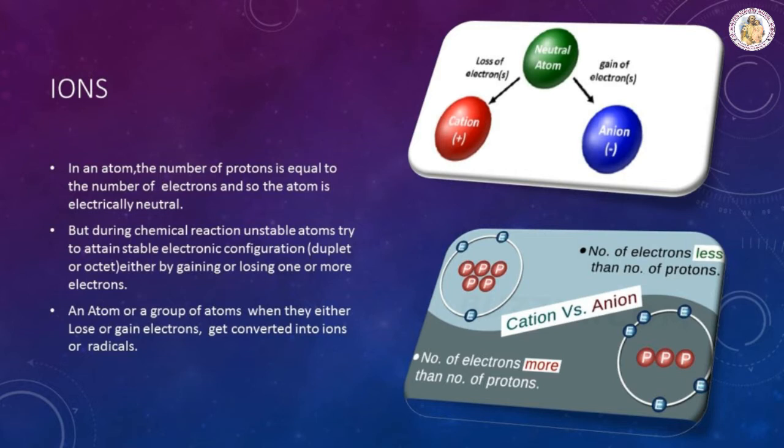When an atom gains an electron, it has more number of electrons and thus it carries negative charge. At the same time, when an atom loses an electron, it has more number of protons and thus it carries positive charge. These atoms which carry positive or negative charges are called ions.